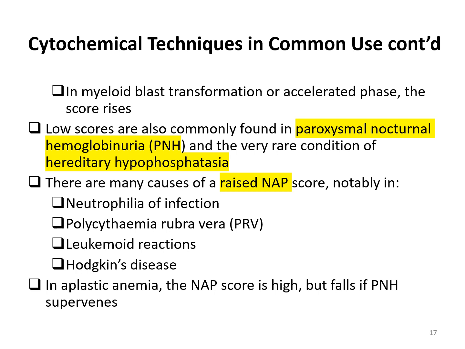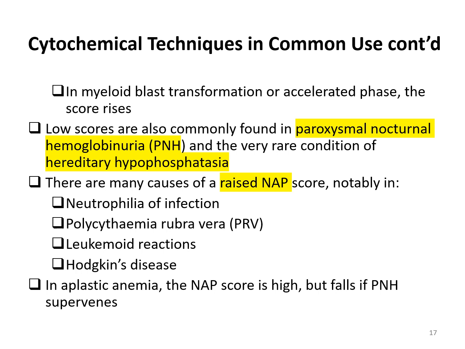There are also some conditions, for example paroxysmal nocturnal hemoglobinuria, that will encounter low scores, and that is also true for hereditary hypophosphatasia. The reasons for increased NAP scores are the following: neutrophilia because of infection, bacterial infection, polycythemia rubra vera, that is erythrocytosis, and leukocyte reaction, that is when the WBCs are also elevated for no specific reason.